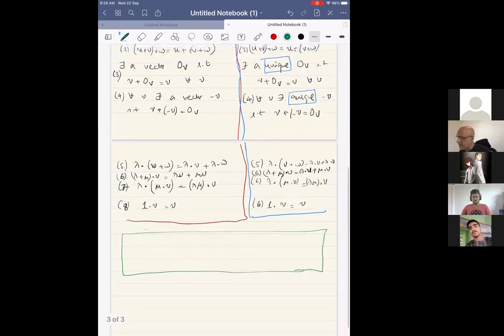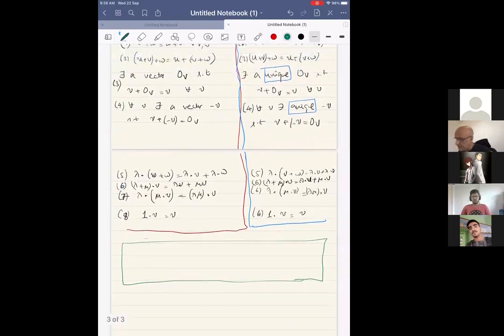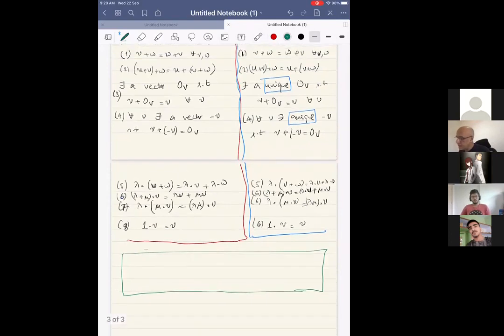But in fact, I will say for 2, there exists a unique 0v such that v plus 0v equals 0v plus v equals v.